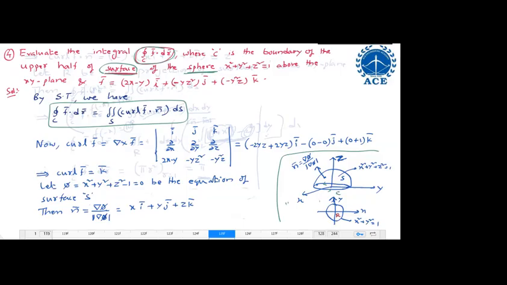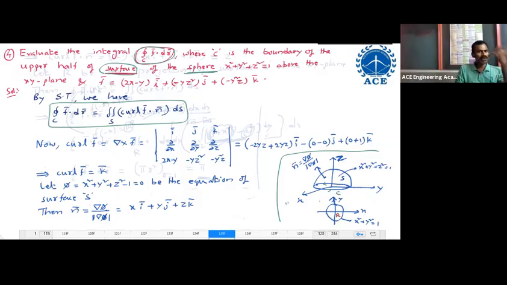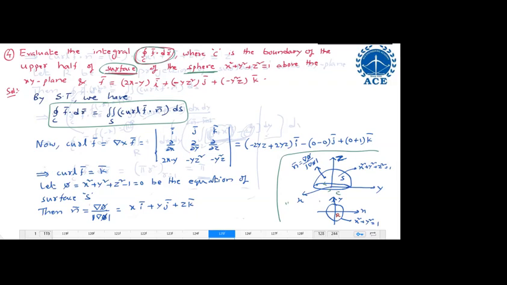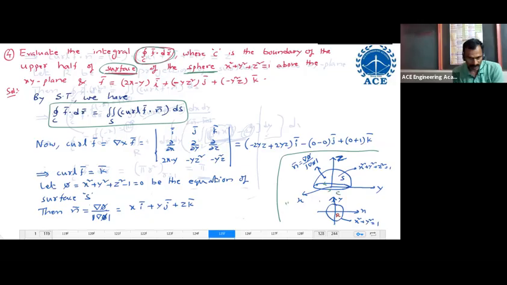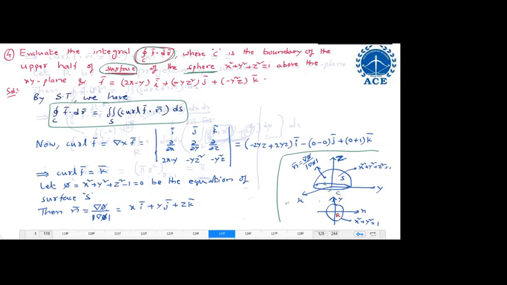Okay, sir. Got it. And sir, if the Z is 0, then we need to apply that Stokes theorem, sir. Z equal to 0, directly we apply the Green's theorem for closed curve. If it is not 0, then we will apply Stokes theorem. We need to check: if you are given only the region on XY plane, Green's theorem.